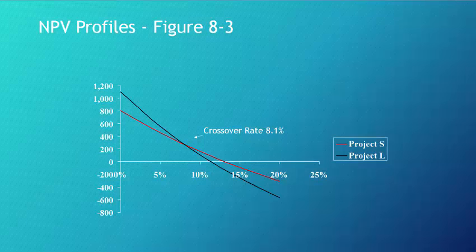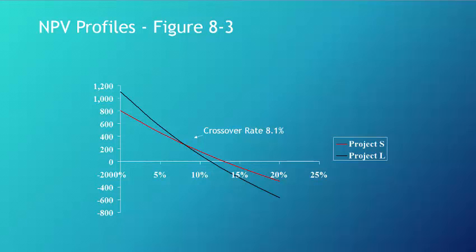If they're below 8.1%, actually I did that wrong, didn't I? If they're above 8.1%, that's along the x-axis, I would be more interested in investing in project S. And I should also mention that as long as it is above the zero line, because out at about 13-ish, 13.5%, probably don't want to invest in either one.